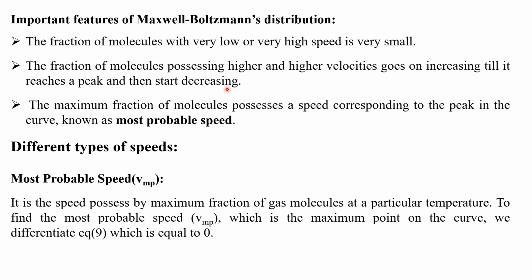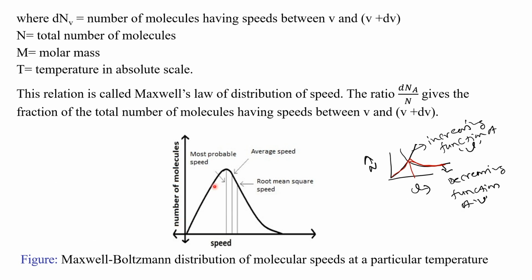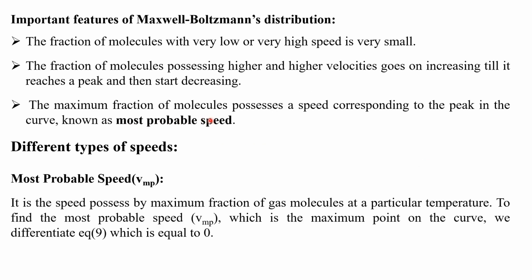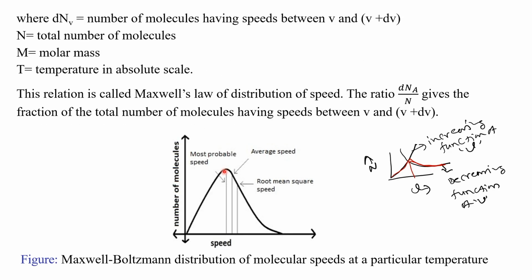So it is quite obvious here. This can be explained from this curve also, as we just discussed. And the maximum fraction of molecules possesses a speed corresponding to the peak in the curve, known as the most probable speed.